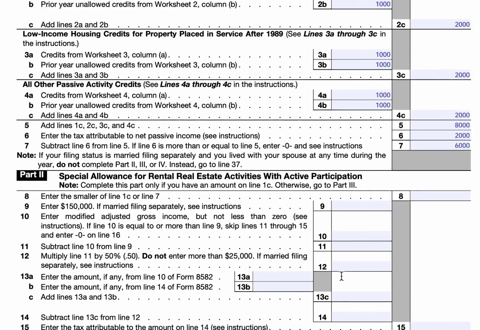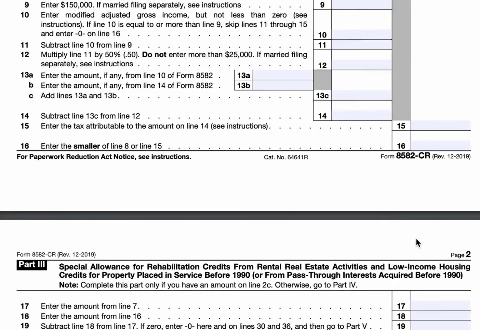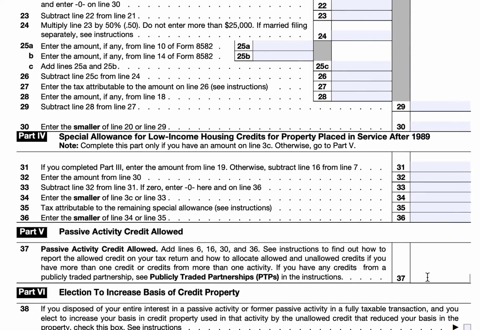That's what that specific line item means. So if you're trying to claim $6,000 of credit, but you had ended up paying like $10,000 of income, then you would just be able to carry the line 5 number all the way down to line 37, enter that as the passive activity credit, and that would be it.